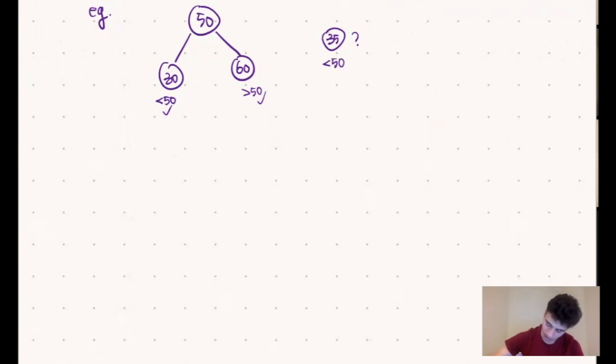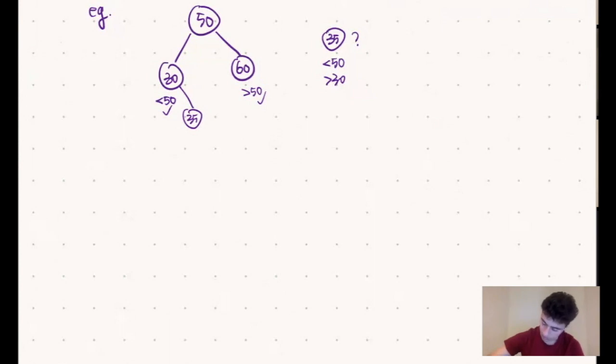And we also notice that the root of the left subtree, 30, is smaller than 35, so 35 must exist in the right subtree of 30. However, at this point, we also notice that 30 is a leaf. And since 30 is a leaf, we know that 35 exists to the right of 30.